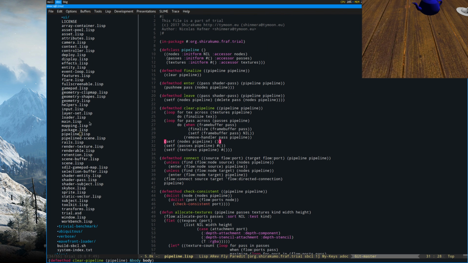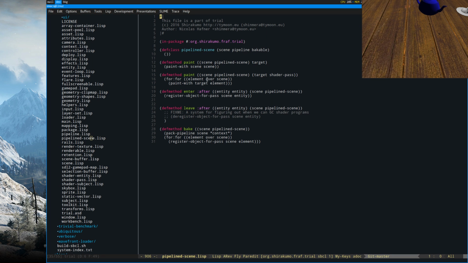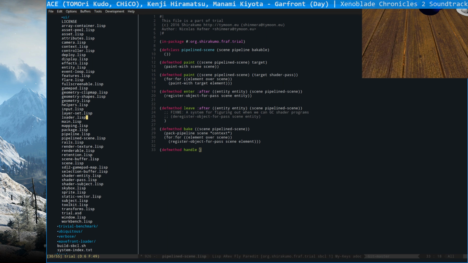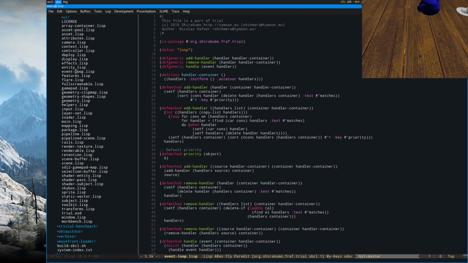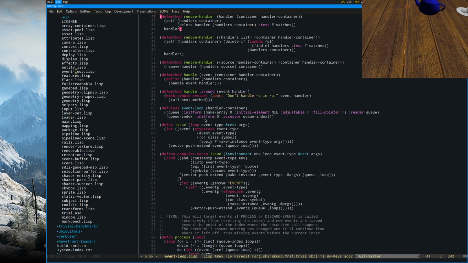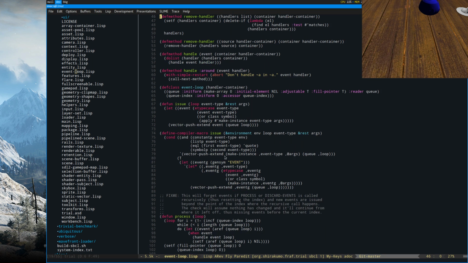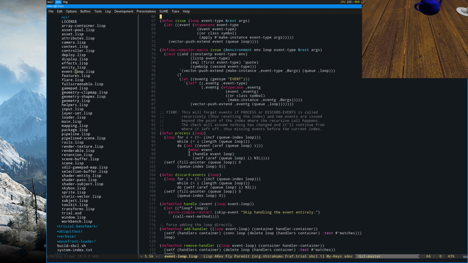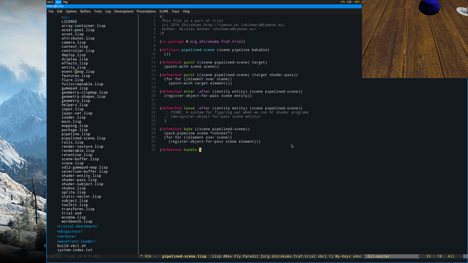So... pipeline scene... Scene is an event loop, right? Isn't it? Yes, it is.